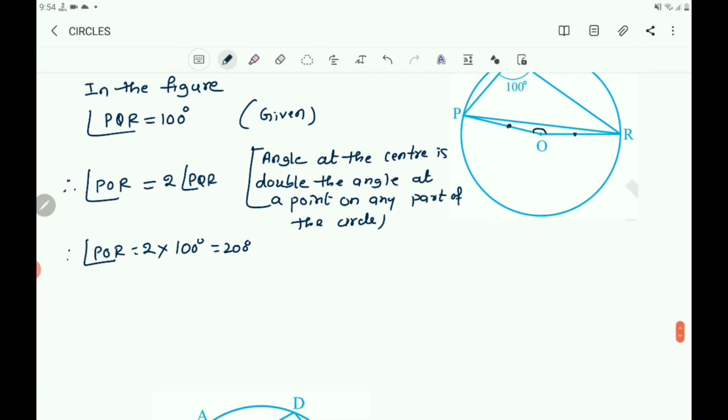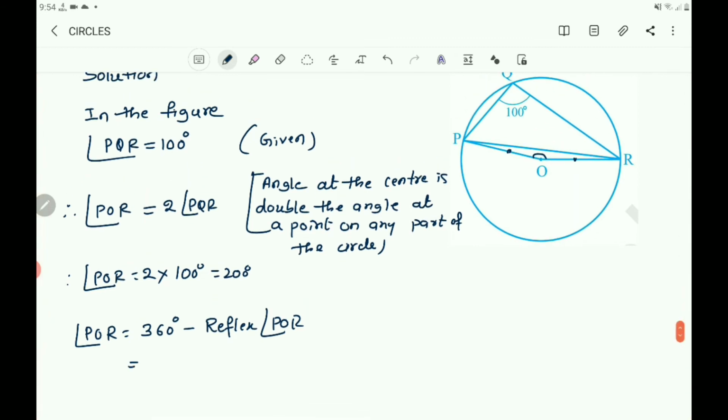Now you take this angle. So write angle POR equals 360 degree minus reflex angle POR, that equals 360 degree minus this, you got 200 degree. 360 minus 200 is 160 degree.